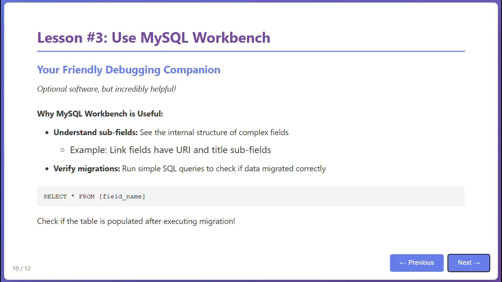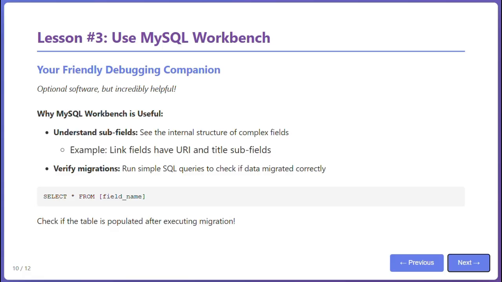So before migrating, MySQL Workbench is useful to understand the structure or the table of the field, especially complex field. And after you run the migration, you can simply run select star from the field to check whether the migration is executed successfully.